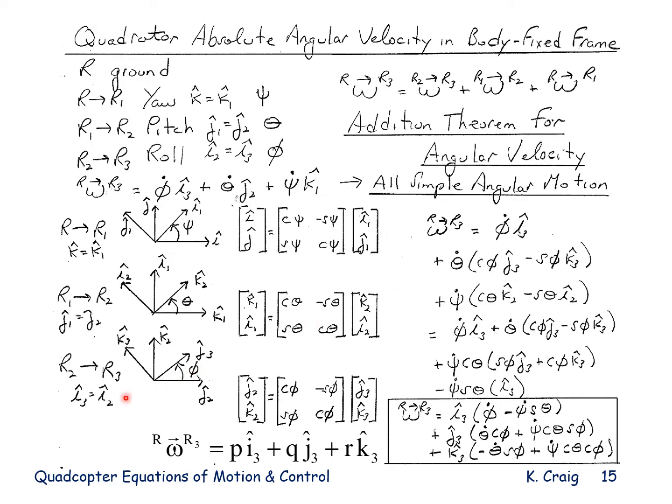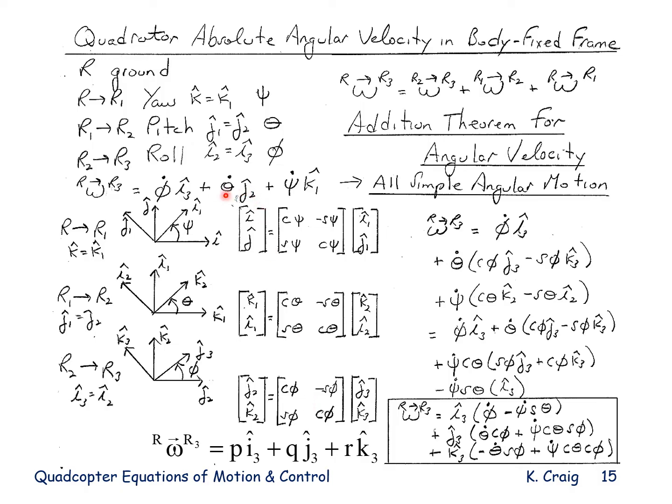Similarly, when I move from R2 to R3, I rotate about the common x-axis through the angle phi, and I can relate J3 hat and K3 hat to J2 hat and K2 hat through this 2 by 2 matrix.